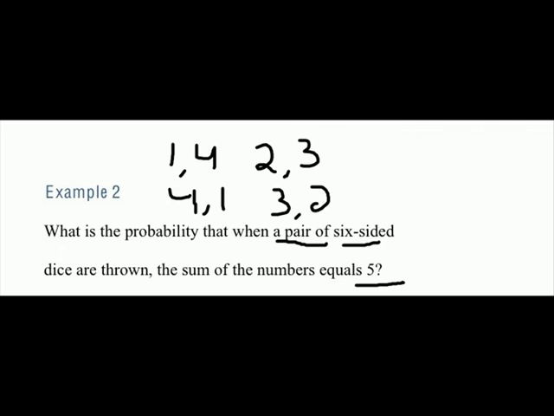So this is the total number of ways in which I can get the sum of the numbers on the two dice to be 5.